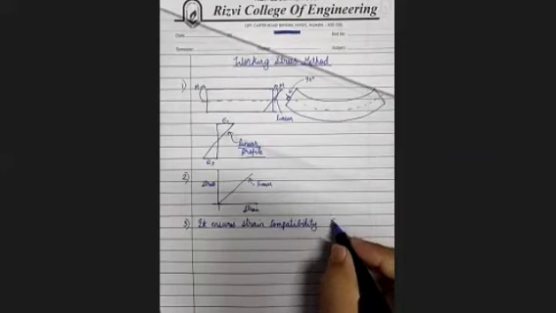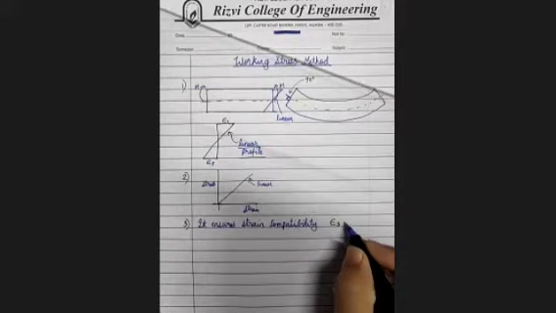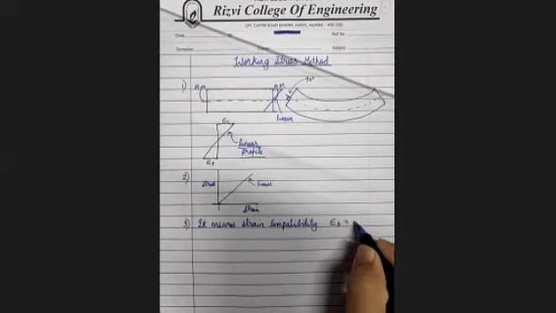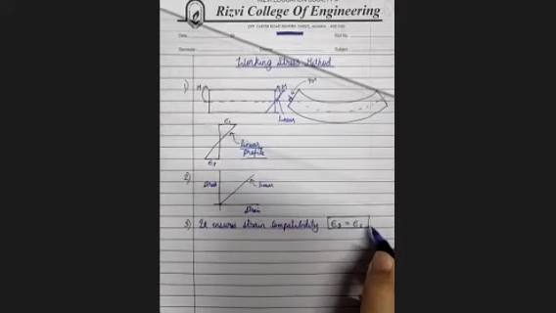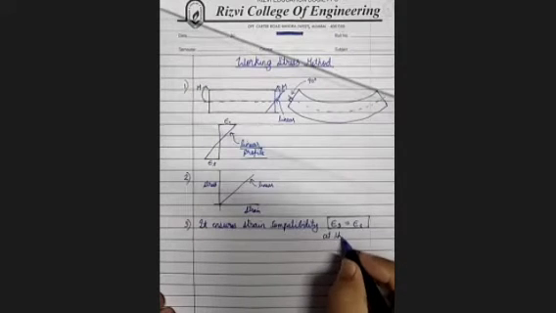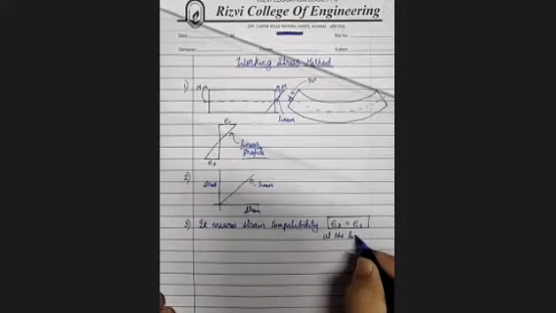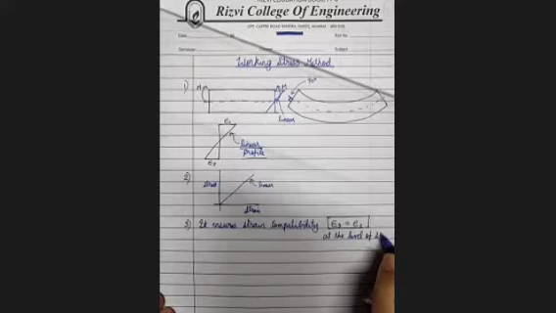Now what do you mean by strain compatibility? It means that the strain in steel is equal to the strain in concrete. Remember this. And this phrase is very important: at the level of steel.